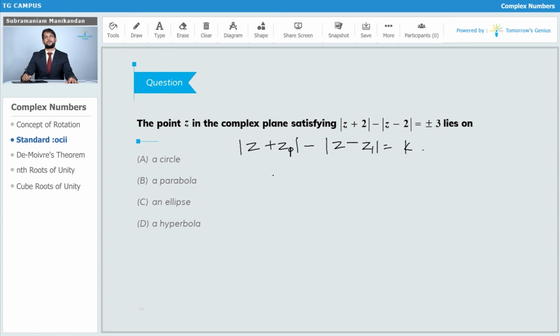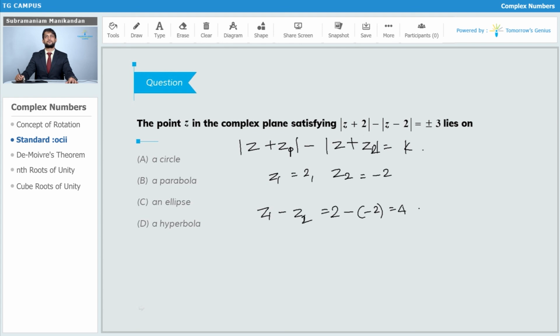So therefore z1 is equal to 2, and z2 is equal to minus 2. z1 minus z2 is equal to 2 minus minus 2, so that's equal to 4.